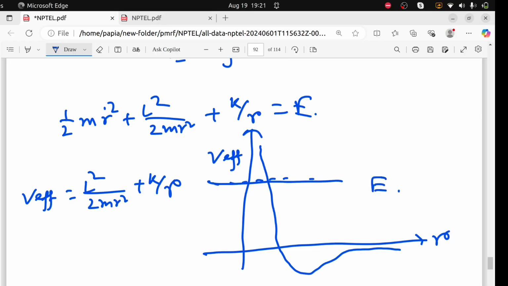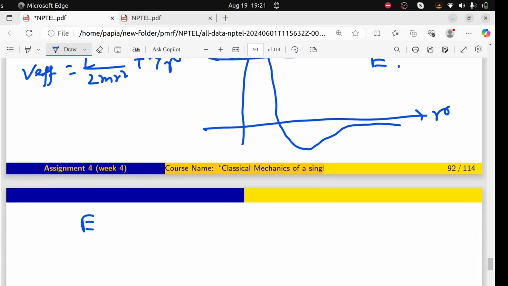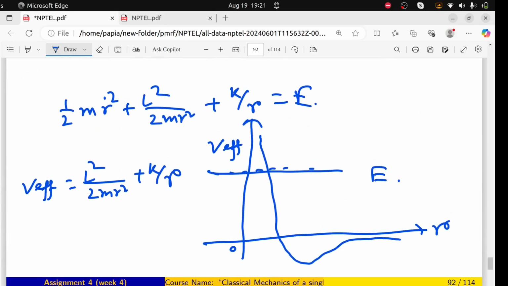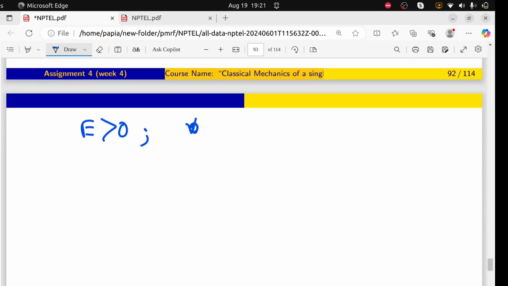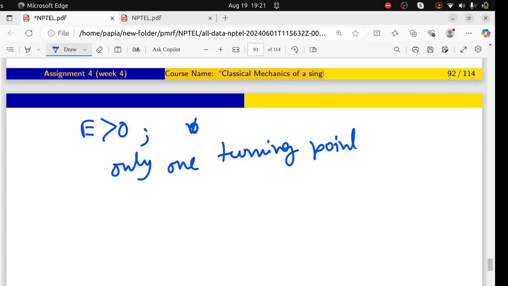Let's say our E is this one. So E is greater than 0, right? Because this is the 0. Okay, so we can't have a bound state. Why? Because there is one point where we have the turning point, but here on the right side there is no turning point. So for this case, we are getting only one turning point.